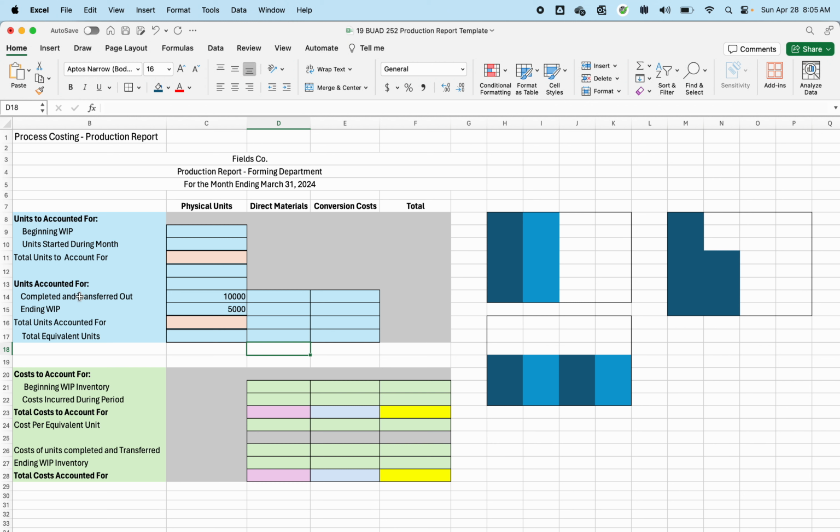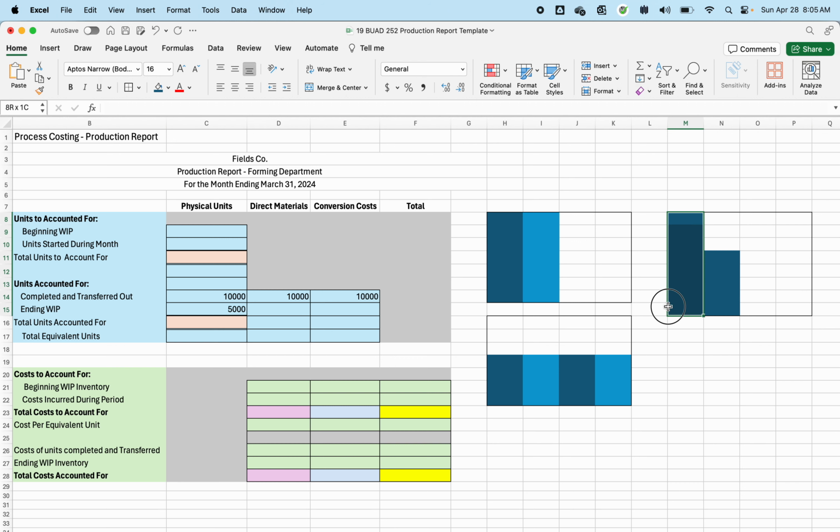And so when they're completed and transferred out, we know that they're 100% done. So we say those are 100% done as to materials, and they are 100% done as to conversion costs. So all you're doing is taking this 10,000 and taking it all the way across, because they are 100% done.